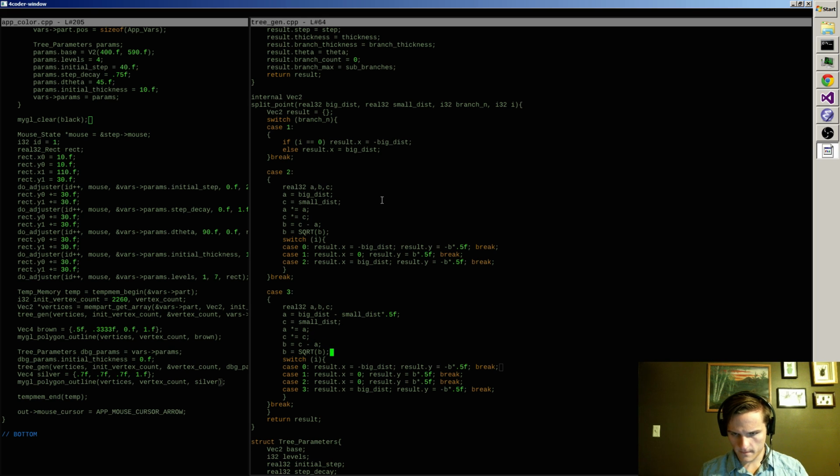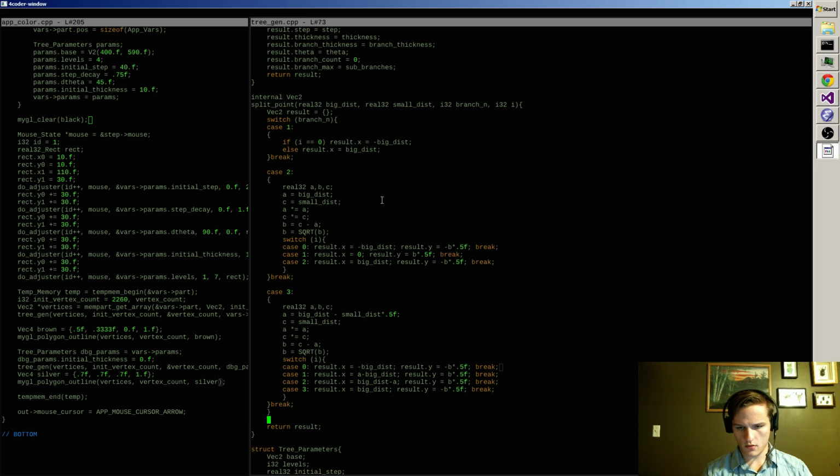That's good. Now what I could do is just say that this is negative big dist plus b, or plus a, which is that x component, or a minus that. And this is big dist minus a. Cool.